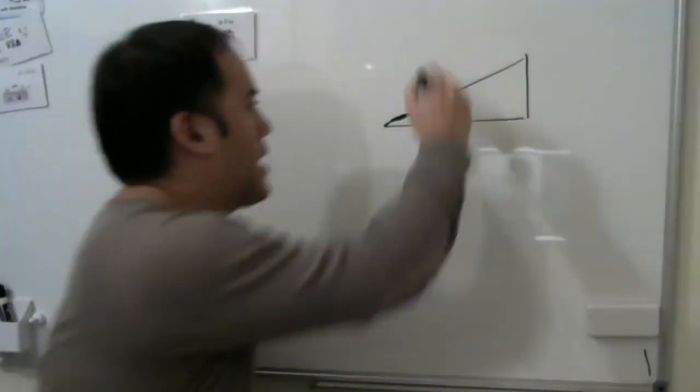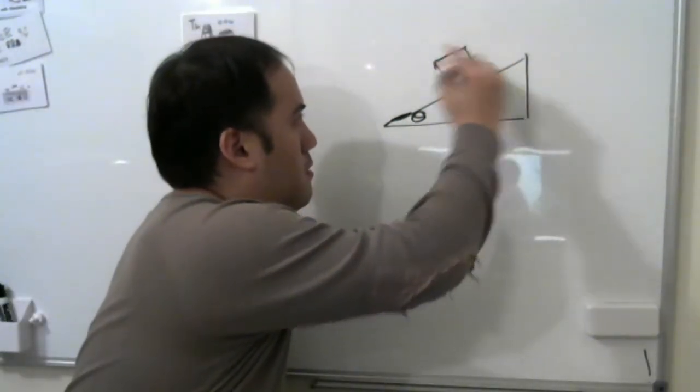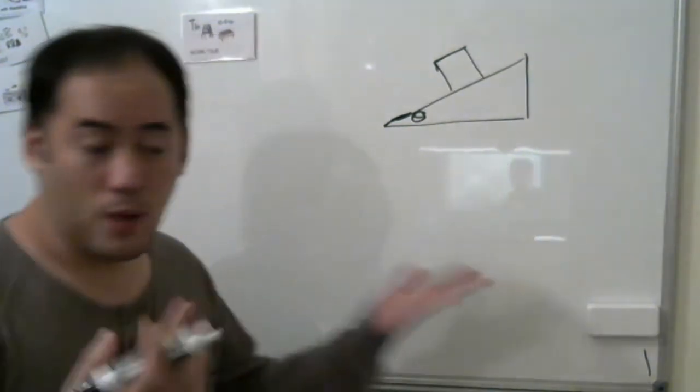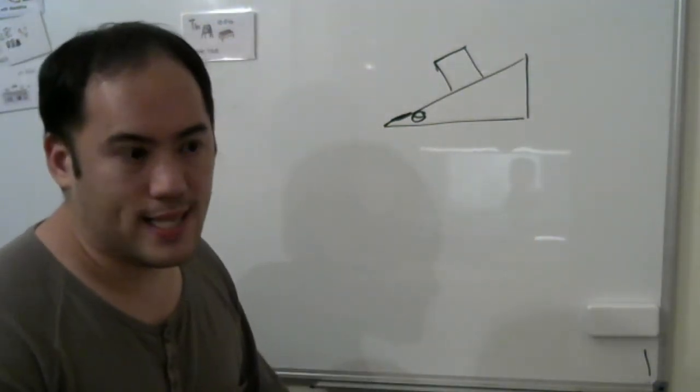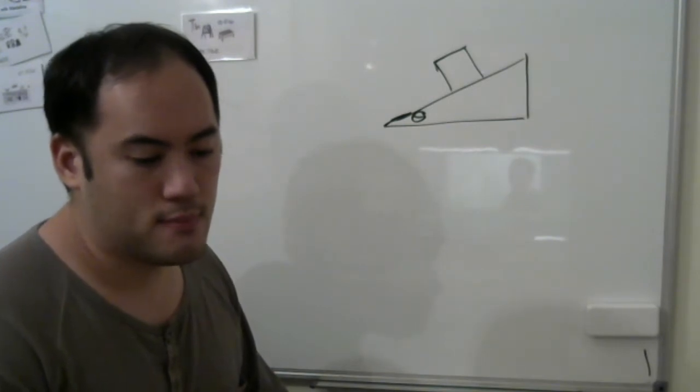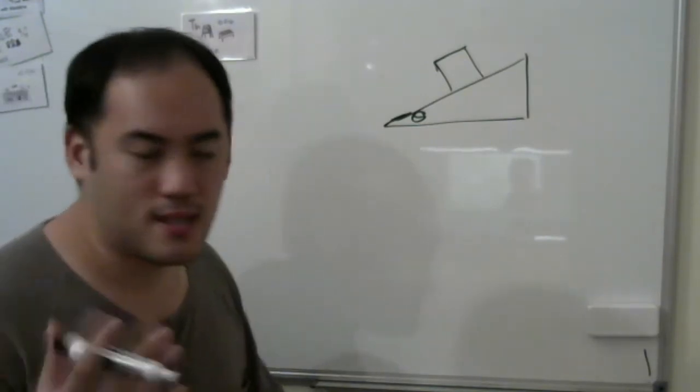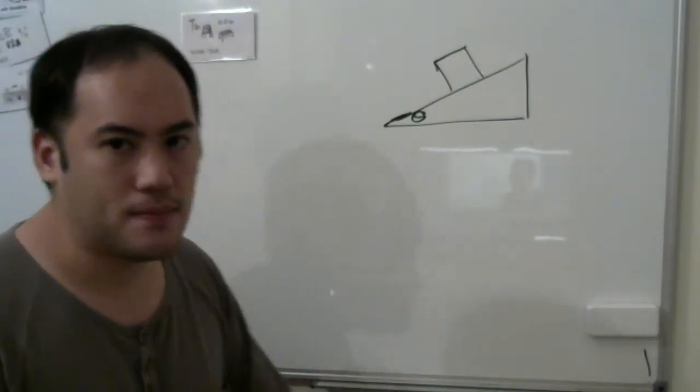Let's say I put a block on the ramp. And let's say it's a rough ramp and it's a pretty small angle, so it's in equilibrium. It's not sliding. It's stationary on the ramp.